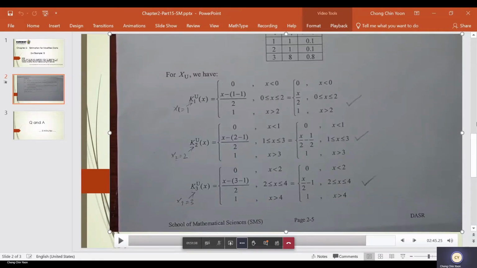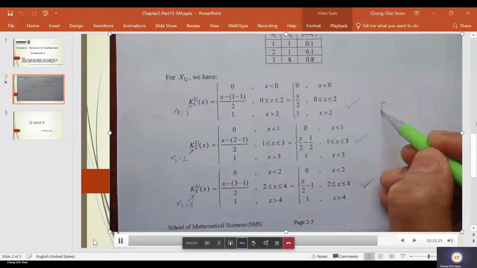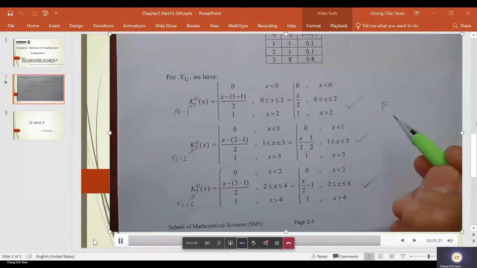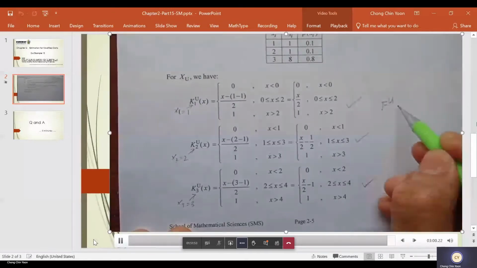Okay, carry on. From these three K values here, I would like to find this kernel smoothed distribution function based on this uniform.